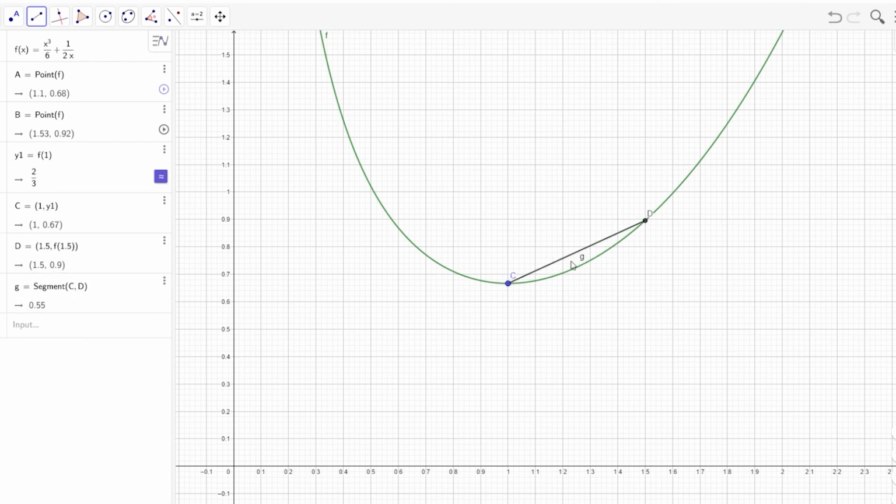This is this segment versus this bottom segment. Now we want to know the length of this segment, that's the approximation. And as we can see, the approximation tells us that it's 0.55. Now we know that this distance should be a little bit longer, so let's check that.